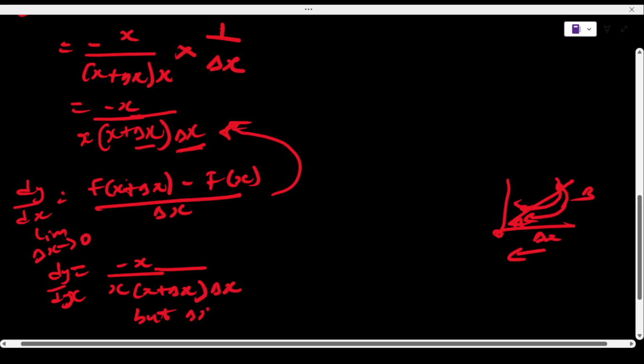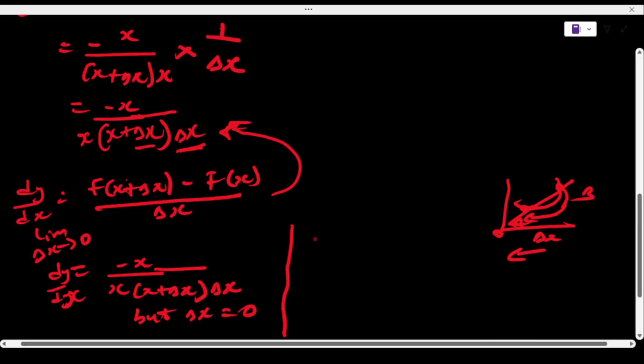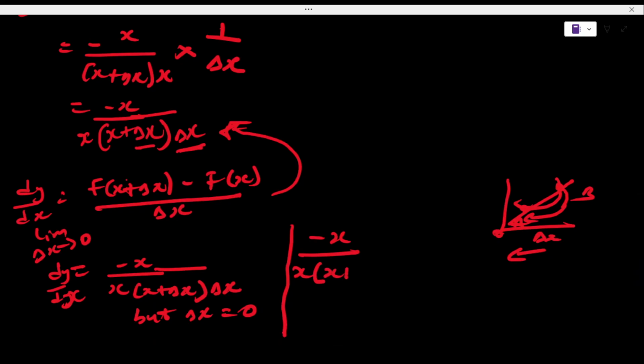But our change in x is now equal to 0. So therefore minus x over x into bracket x plus change in x times 0. Our change in x here has turned to 0. So it will now be minus x over x plus 0. x plus 0 is 0.